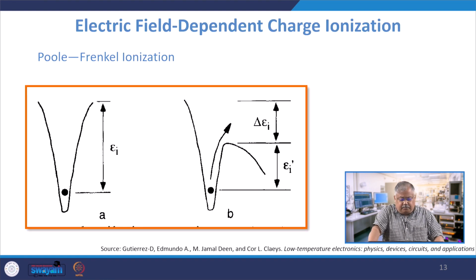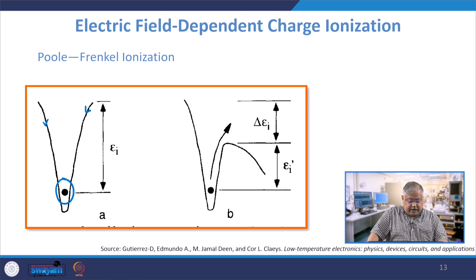There is something known as Poole-Frenkel ionization, and you need to study this yourself. It is not very important from the point of view of cryogenics, but I will give you a basic idea here. If you look at the left hand side figure, it is basically a charge trapped inside a localized trap. So this is my charge, right, this might be an electron or a hole, and it is trapped in a trap.